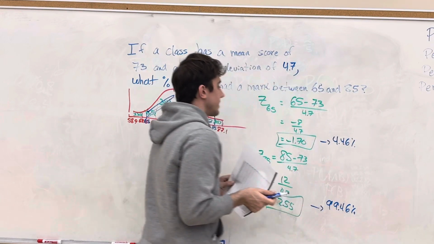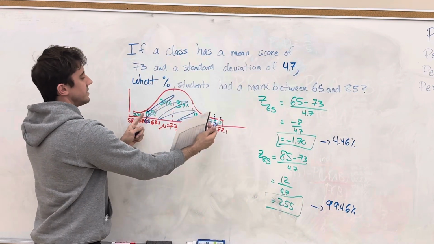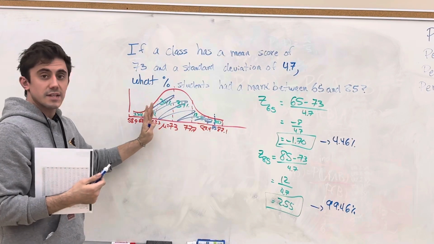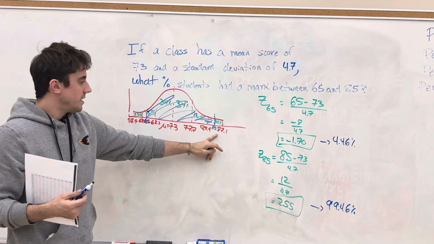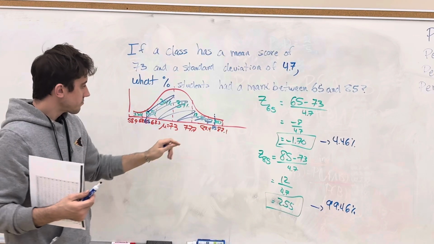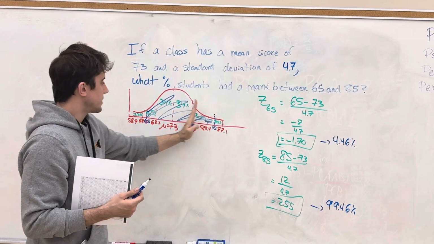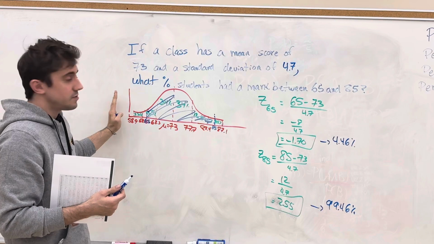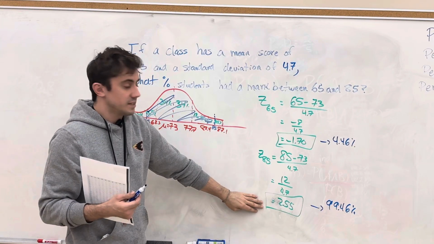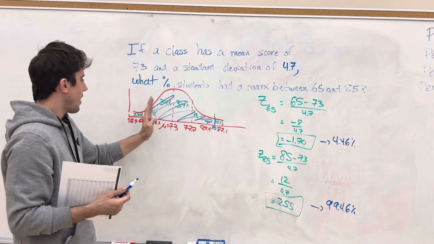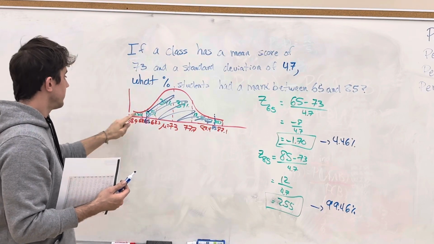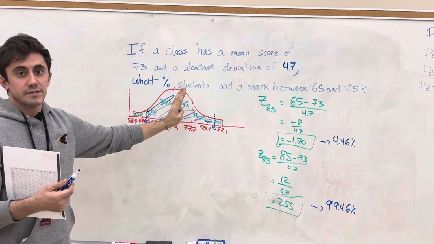Right? And again, if we're interested in the amount of data that lies in between these two z-scores with these two data points, then we're going to do this percentage, right? This is the 99.46% that lies to the left of this z-score, and we're going to subtract the 4.46% that lies outside of the in-between region, right?